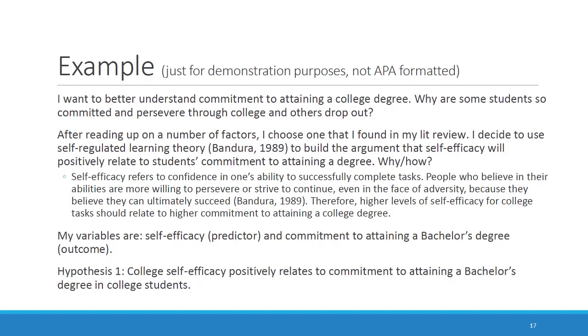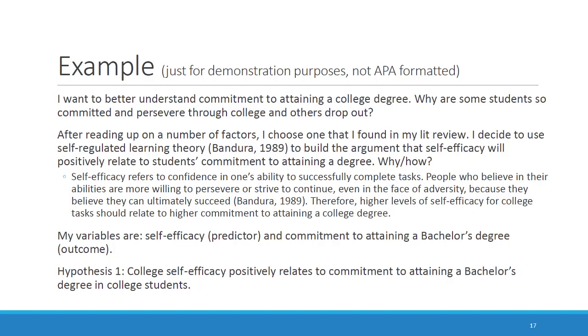After reading up on a number of factors, I choose one that I found in my literature review. I decide to use self-regulated learning theory from Bandura to build the argument that self-efficacy will positively relate to students' commitment to attaining a degree. Why? Self-efficacy refers to confidence in one's ability to successfully complete tasks.